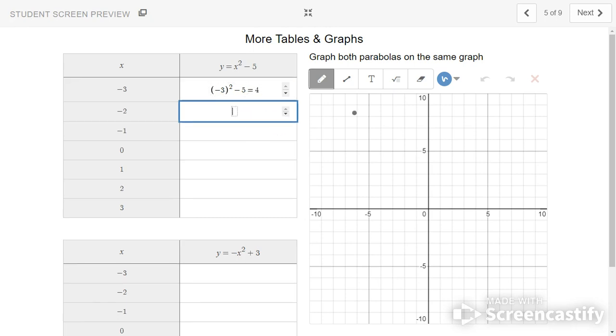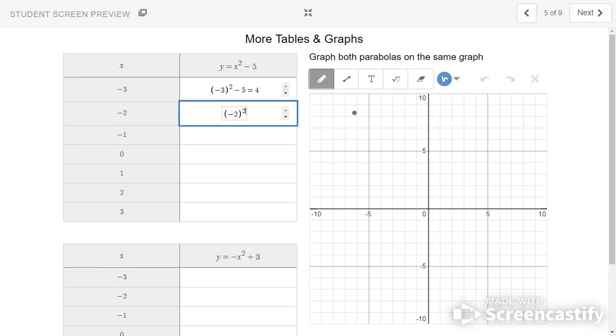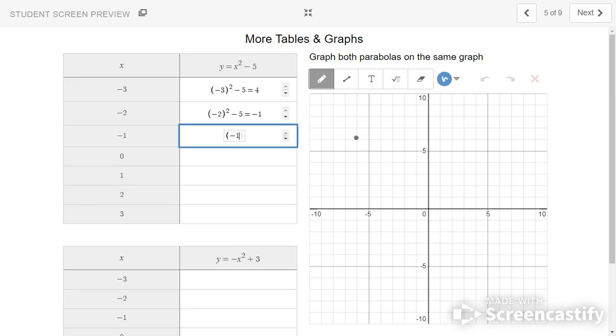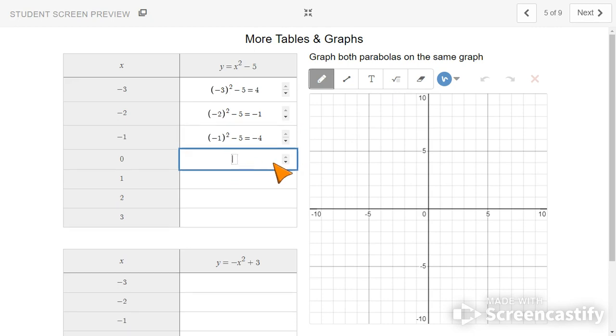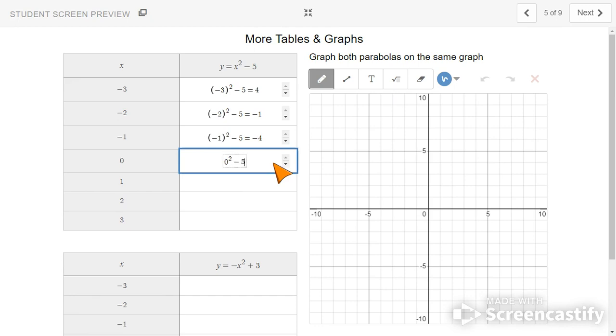That's a 4. -2 squared minus 5. We now have 4 minus 5. That's a -1. -1 squared minus 5 equals -4. 0 squared minus 5 is equal to -5.